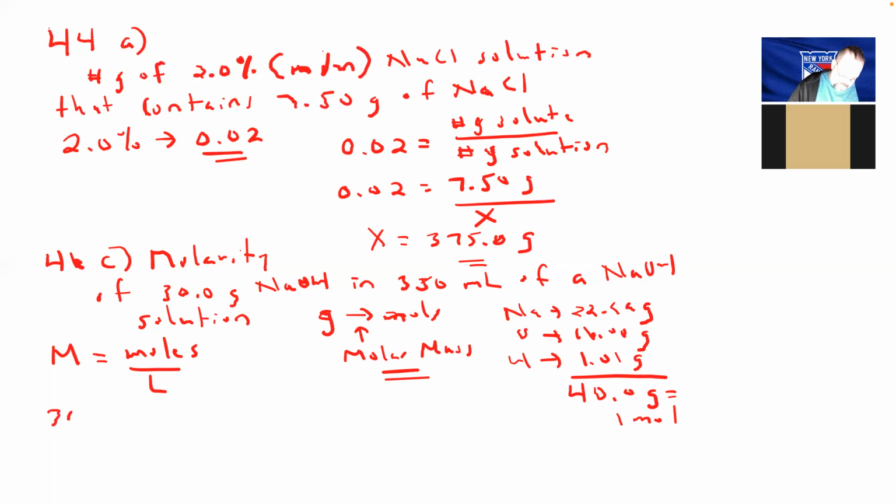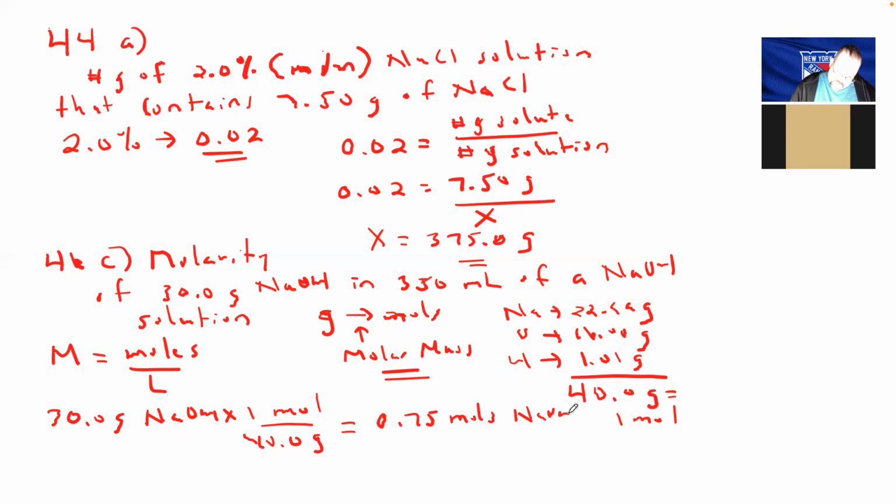So we take the 30 grams of sodium hydroxide, and we're going to multiply it by 1 mole over 40.0 grams. And that gives us 0.75 moles of the NaOH.